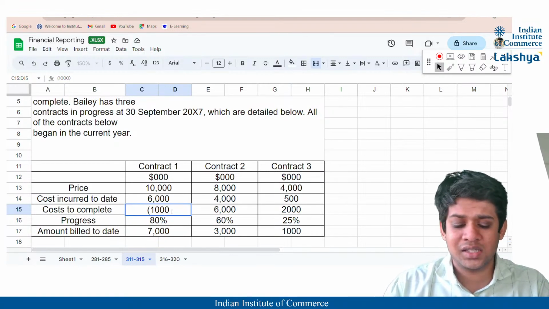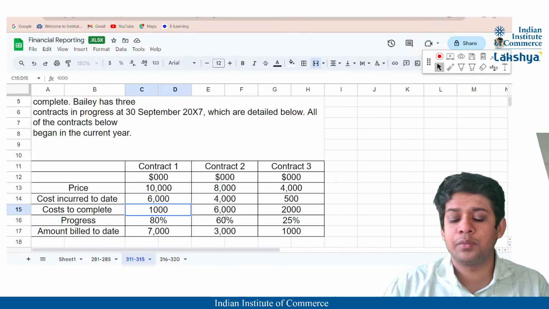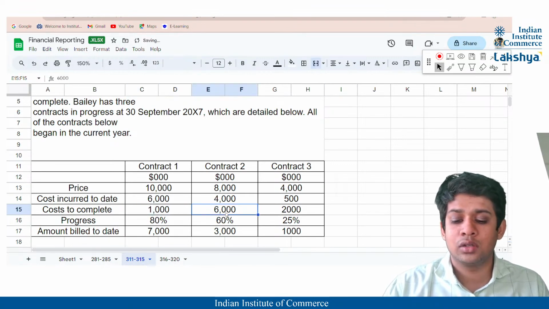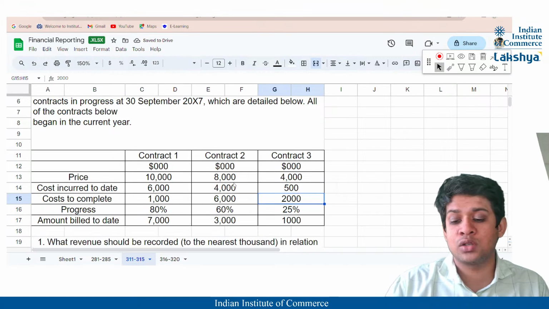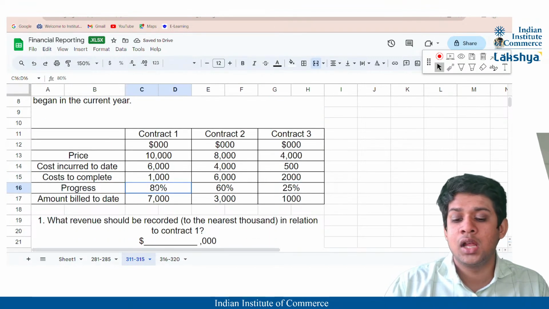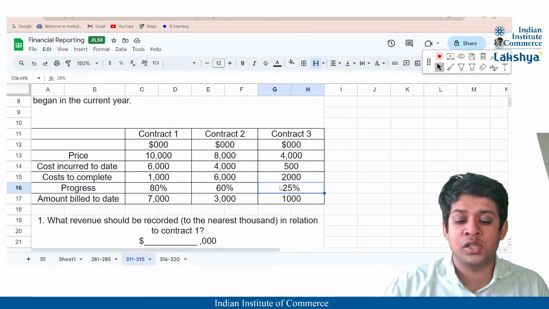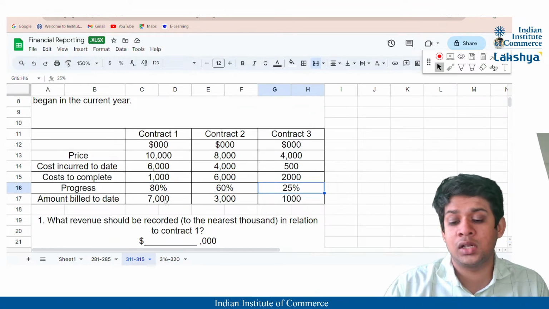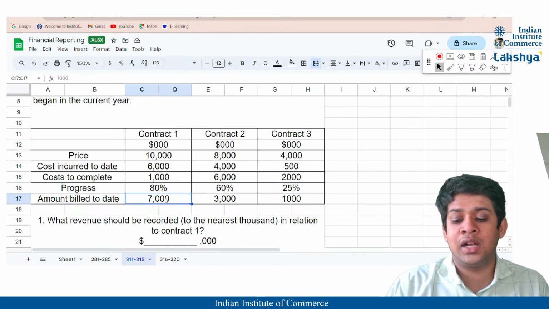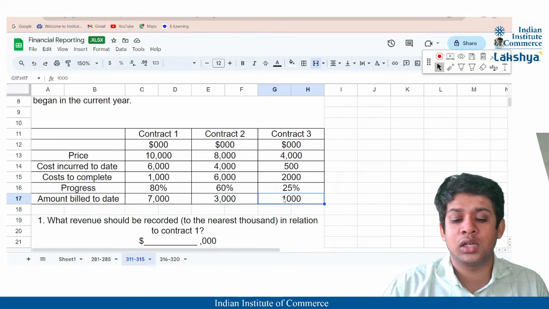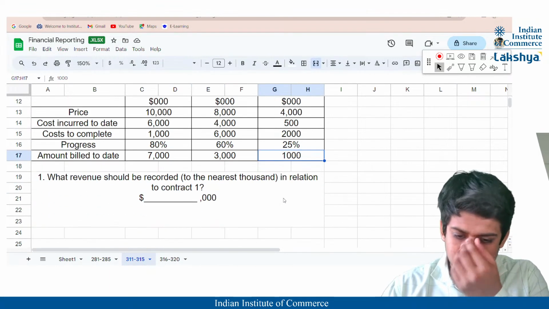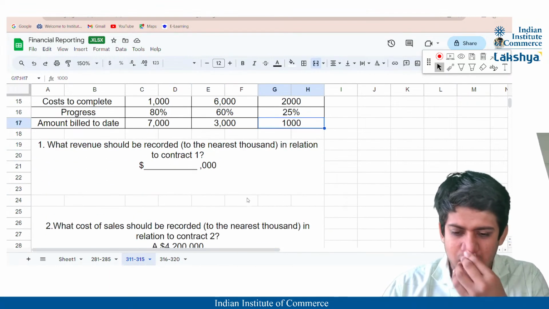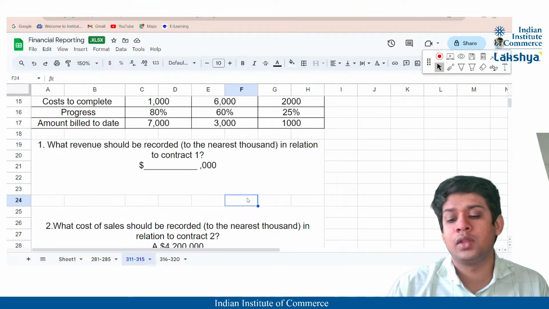So 1,000, 6,000 and 2,000 are the costs to complete each of the three projects. The progress percentages are 80%, 60% and 25%. And the amount which is paid to date is 7,000, 3,000 and 1,000. So let us look at each of the questions one by one.